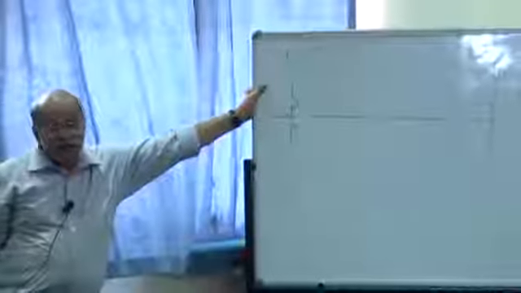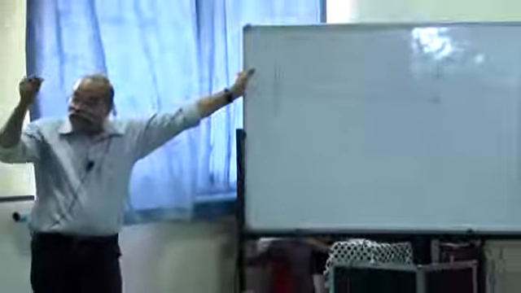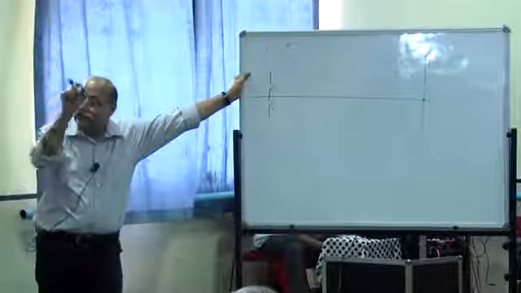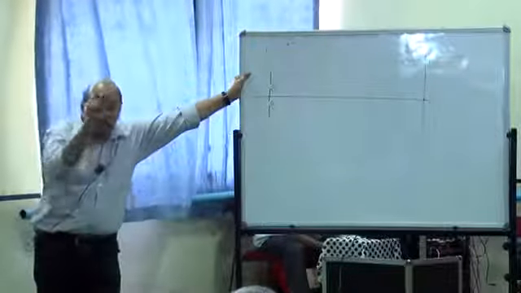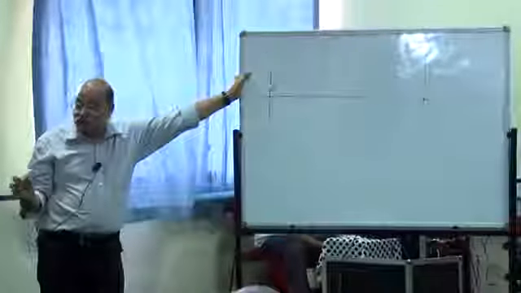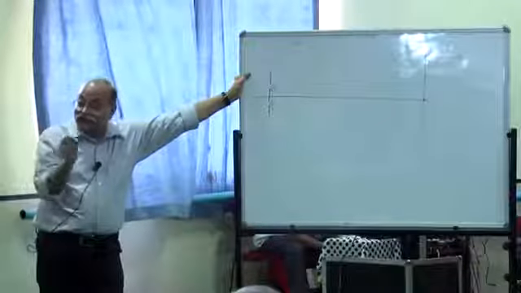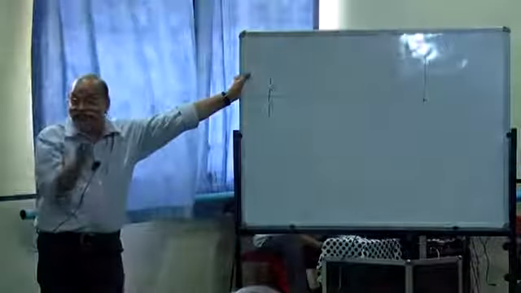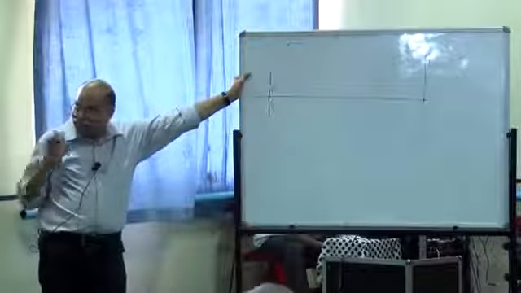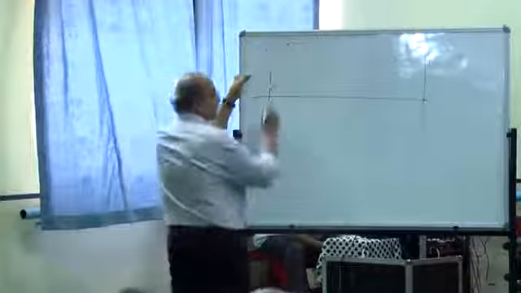So what is the electric field here? I will join this point to these two slits and ask, what is the electric field reaching this point P from the first slit? What is the electric field reaching this point from the other slit? We'll add it vectorially and see what the resultant electric field is. That is the method I have to use.